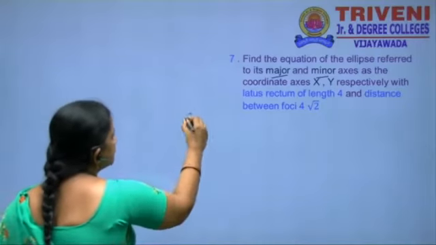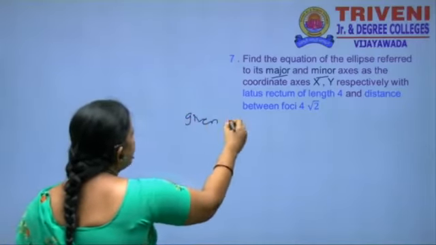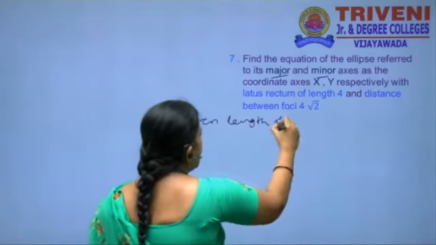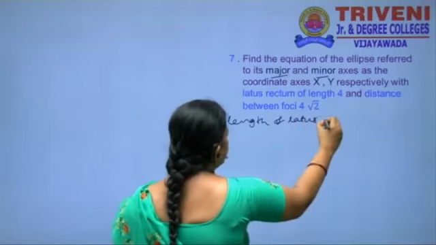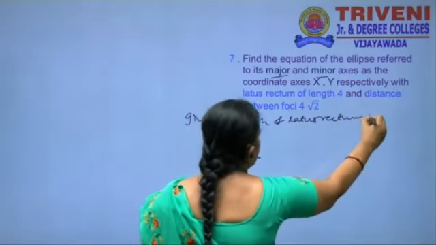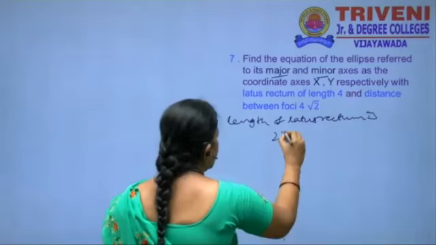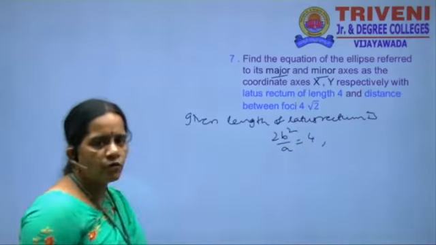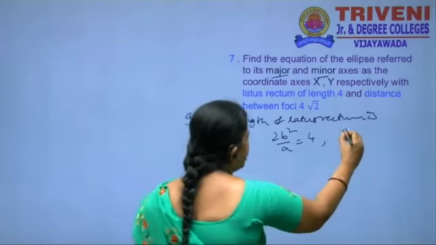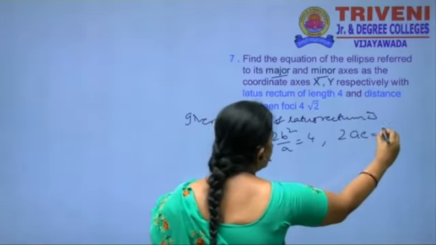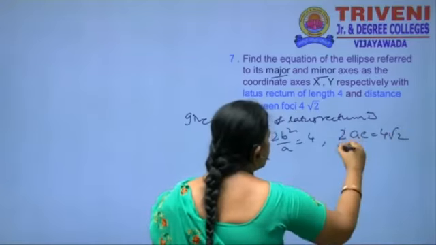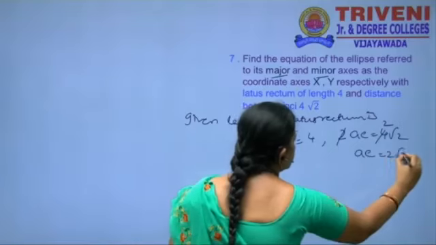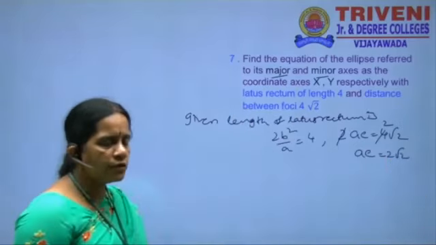Given the length of the latus rectum, 2b square by a is equal to 4, and the distance between the foci is 2ae is equal to 4 root 2. Here 2 will cancel, that is ae is equal to 2 root 2.